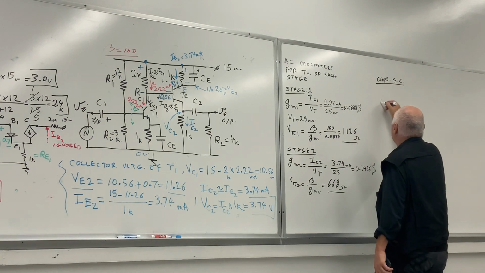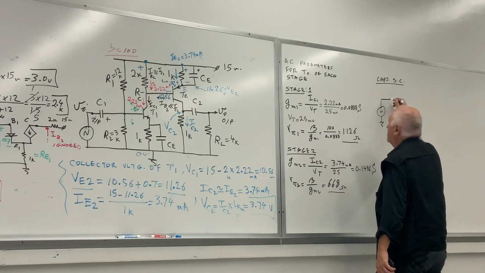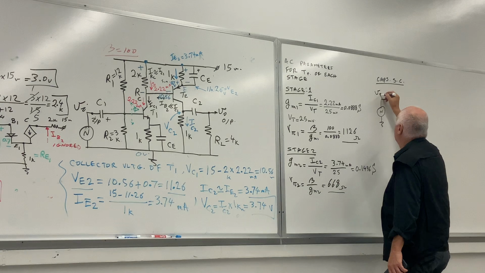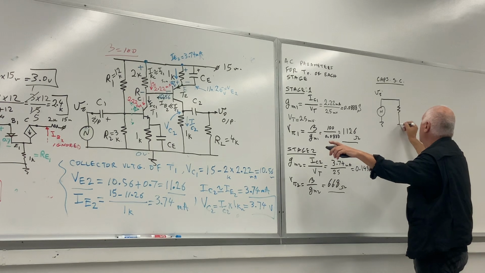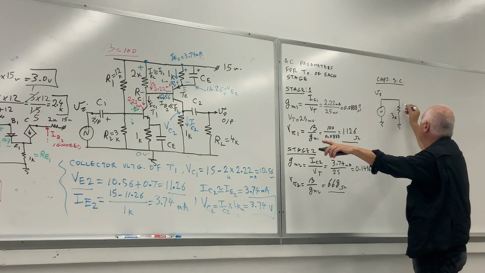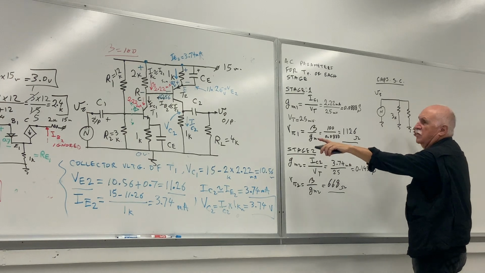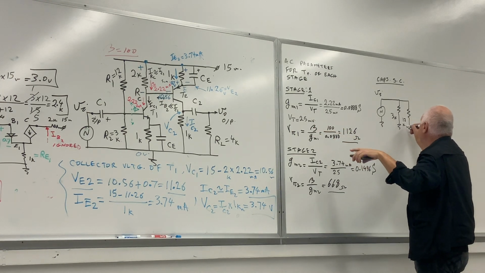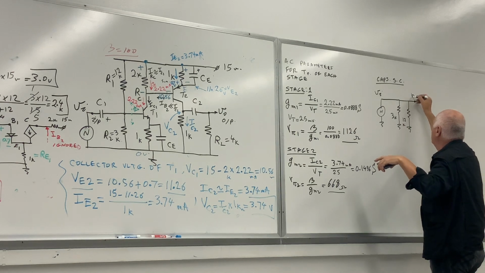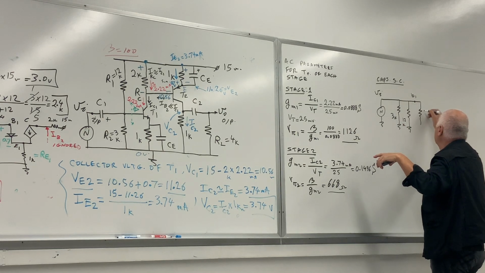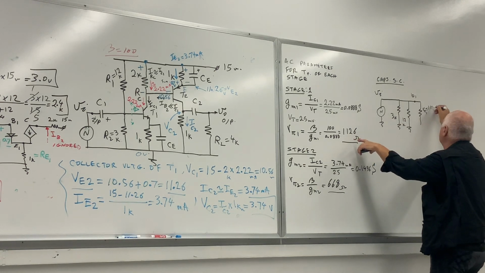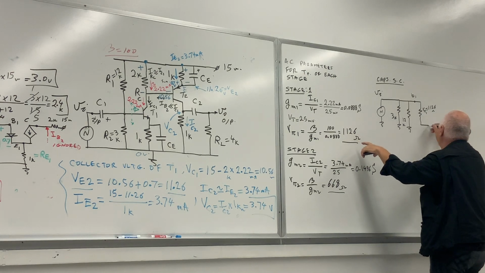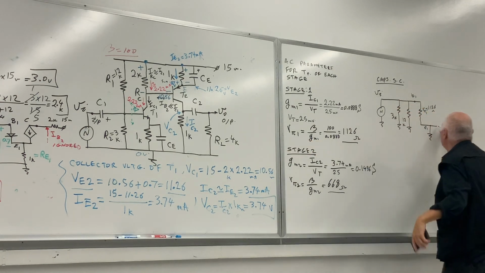So you have VI, short, you have 3K, you have 12K, B1, you have r_pi 1, 126 ohm. You have E1 straight to the ground because of the CE.